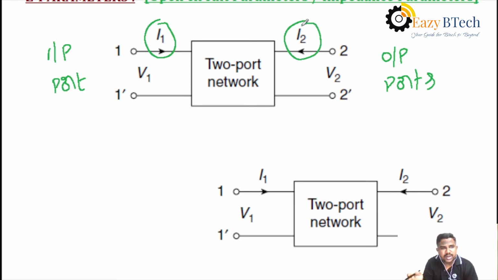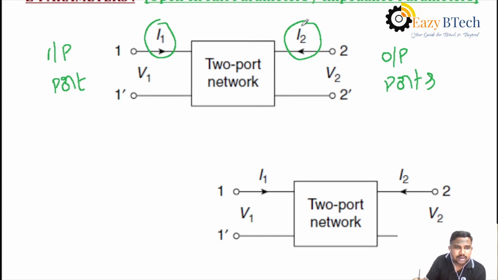Then V1, I1 are called the voltage and current of the input port, and V2, I2 are called the voltage and current of the output port. Generally all the network parameters you can derive in terms of these four variables, V1, I1 as well as V2, I2.